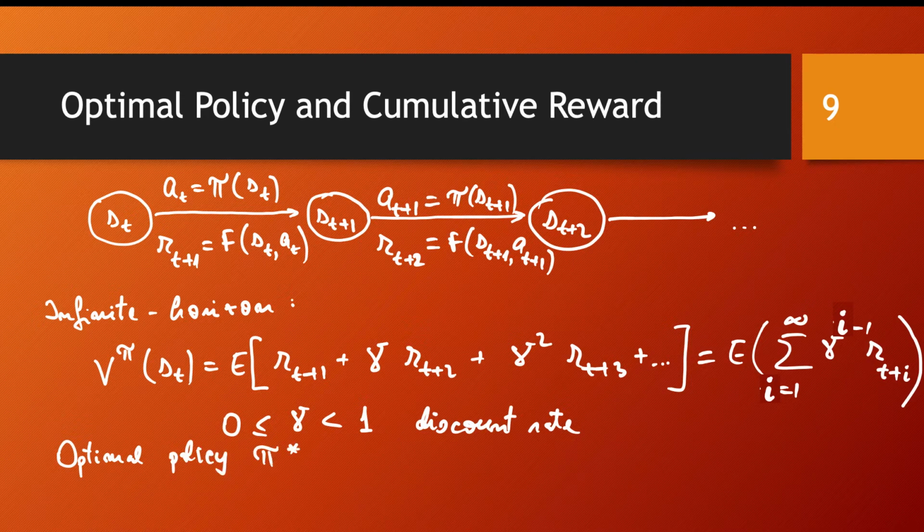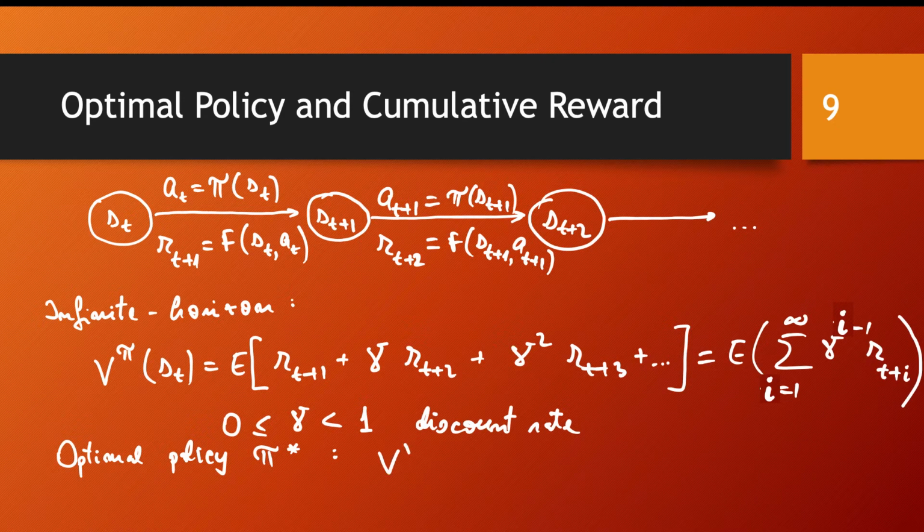What we would like from this optimal policy is that it gives us the maximum value in any state we are in. So the value offered by this optimal policy pi star, I'm going to indicate just as V star instead of V pi star.